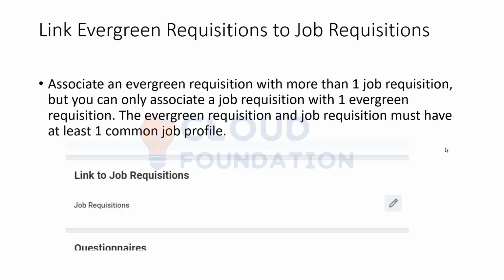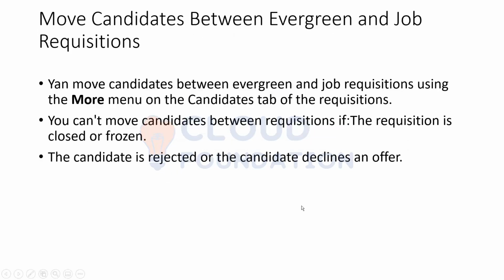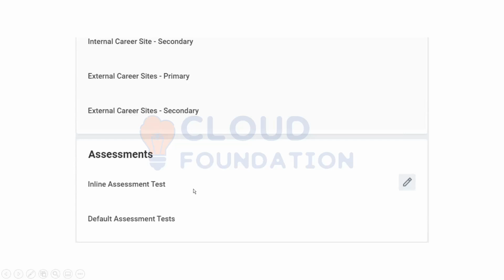Then tomorrow we'll see how we can create an evergreen requisition. The process is the same. Create Evergreen Requisition is the task, and we will see very few mandatory fields while creating it. Then there's one topic of Link Evergreen Requisition. While creating an evergreen requisition, we will see how we can link it to a job requisition. Then we'll see how we can close an evergreen requisition using this task, and Move Candidate between Evergreen and Requisition. We'll see that tomorrow. Then these are the supported reports over there.